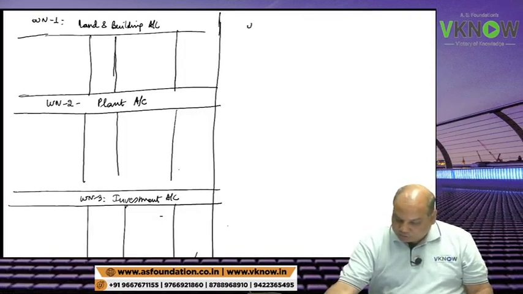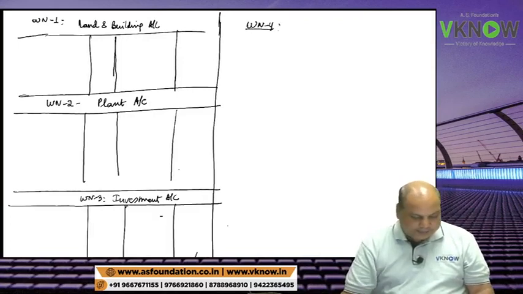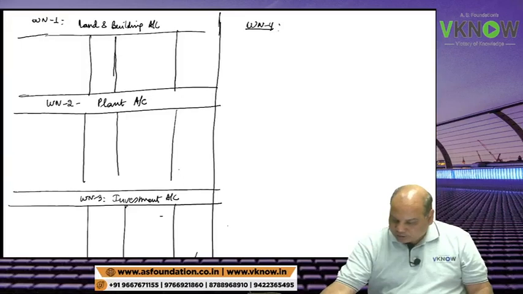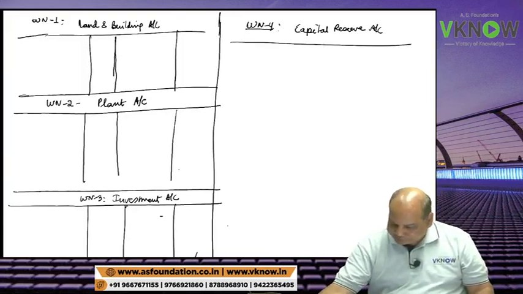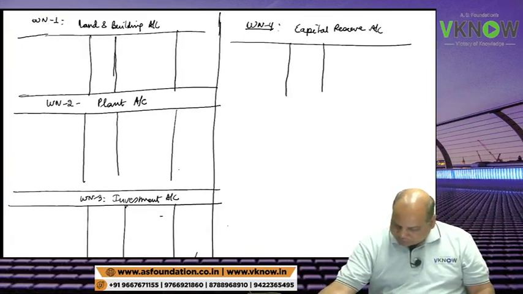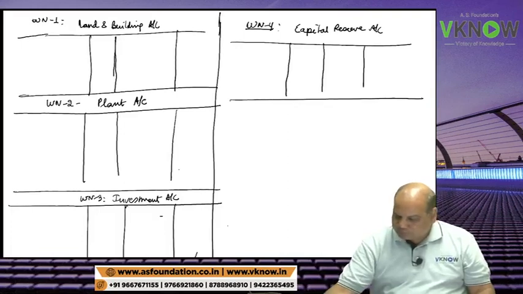Then write down working note 4. You have one small capital reserve account. One entry has gone in capital reserve account also. 5 lines blank.